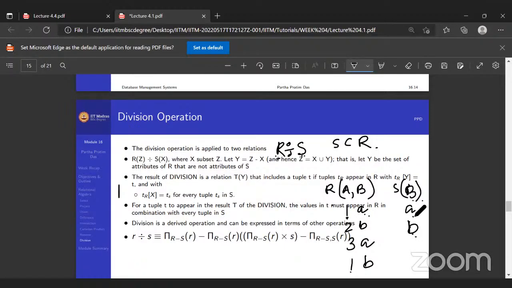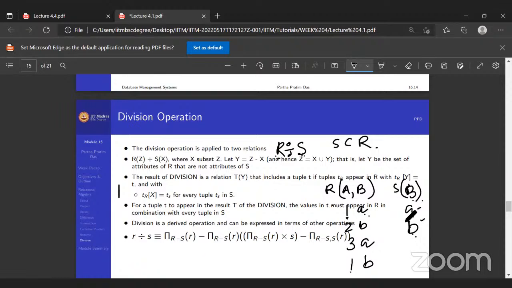Here you can see the courses available, A and B, and you have to find the student ID who takes all the courses. So can anyone tell, are R and S relations or tuples? Yes, they are relations.